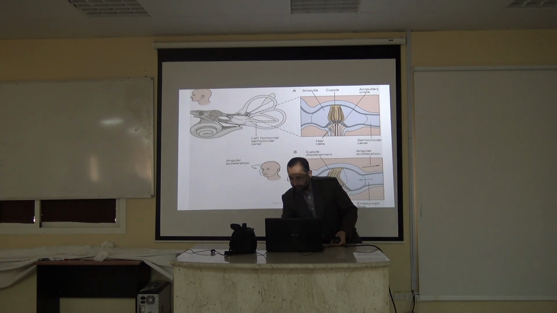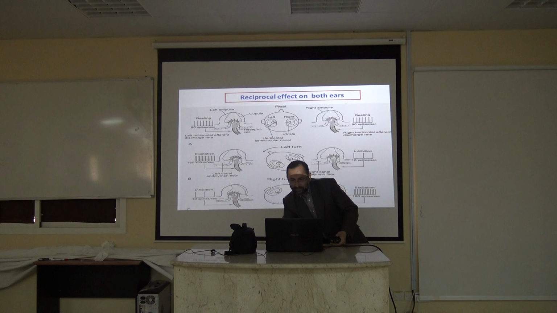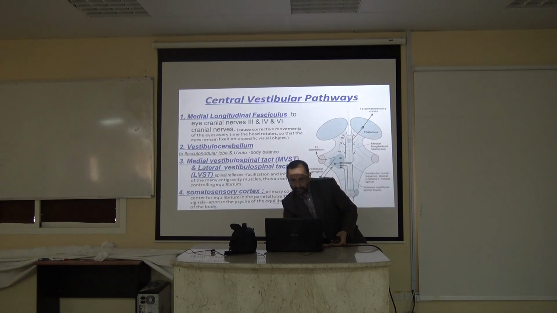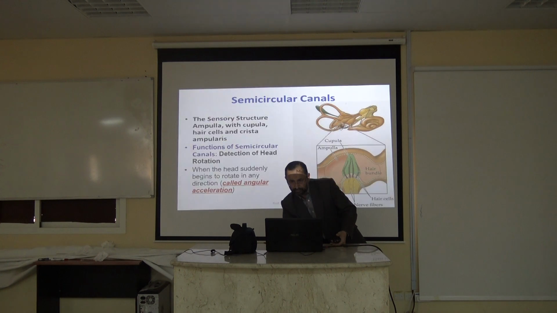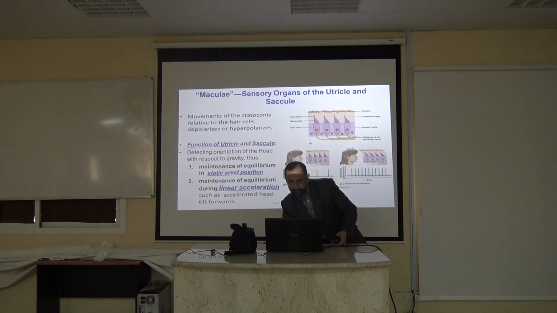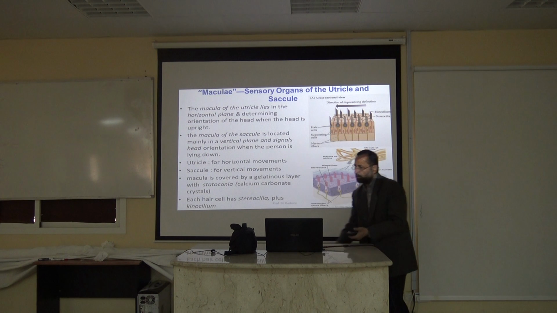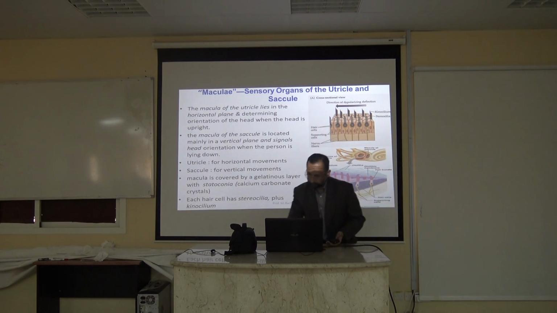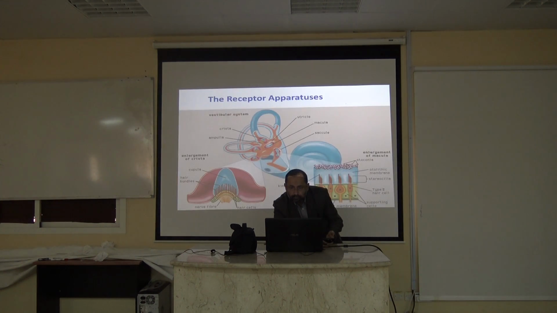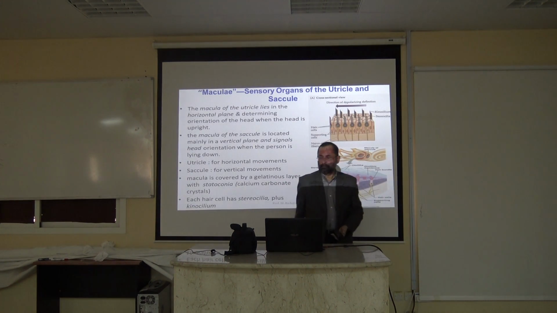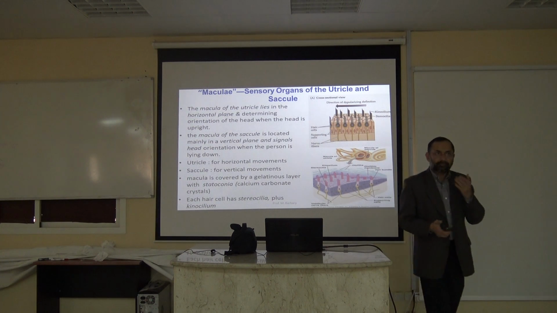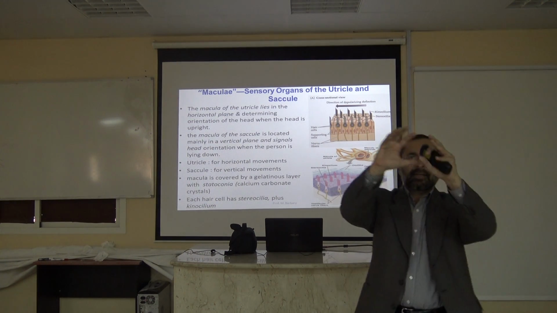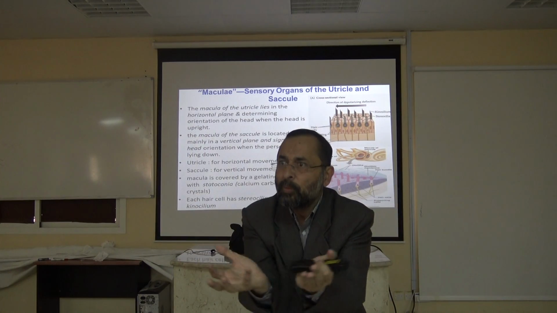One more thing. Let's talk about the sense organs of the utricle and saccule also, and let us see if their picture is also there. Now look at this diagram. The utricle is like a small, rounded room actually.